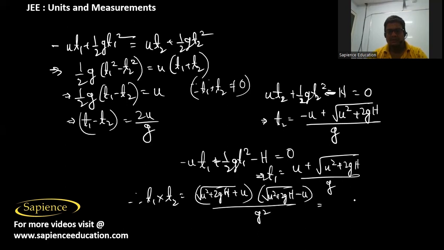So that we will get a plus b into a minus b, that is a square minus b square. So u square plus 2gh minus u square by g square, and then we will get 2h by g.